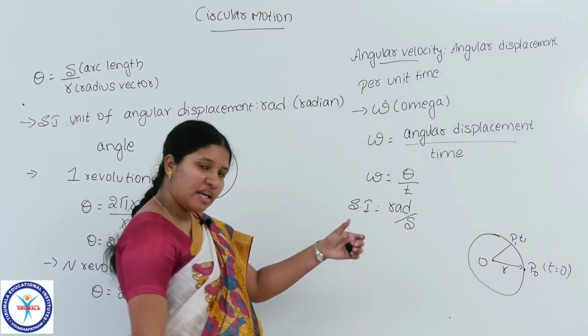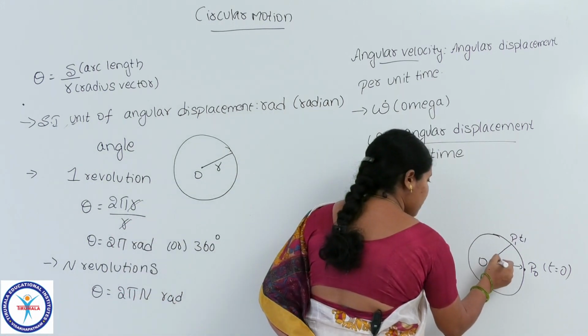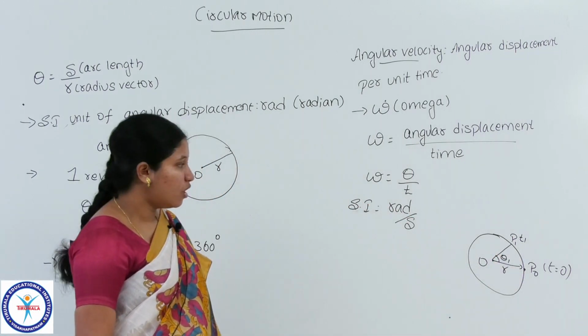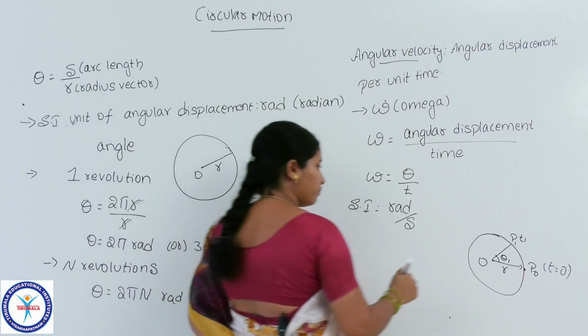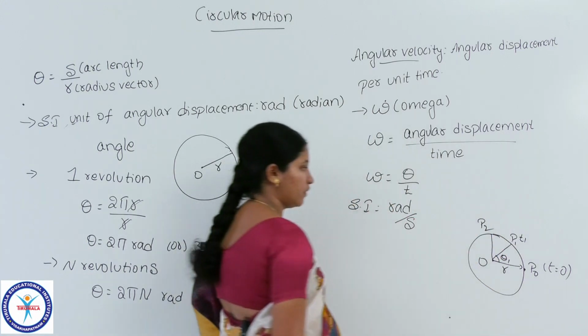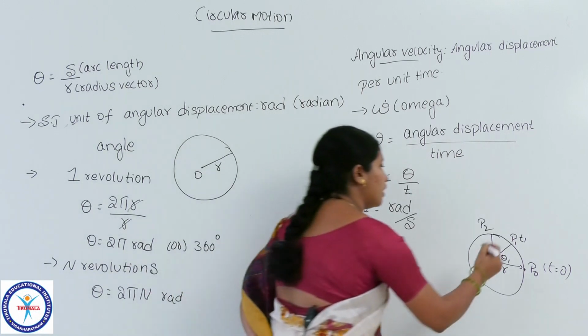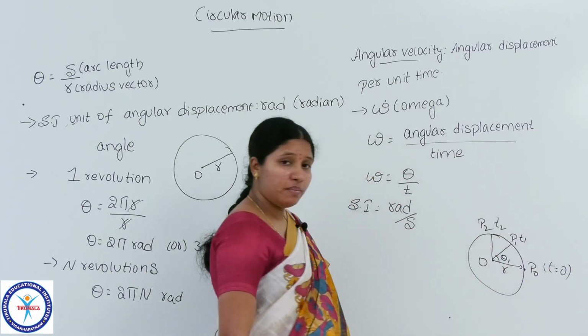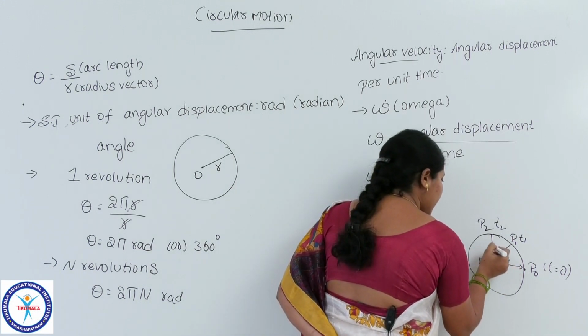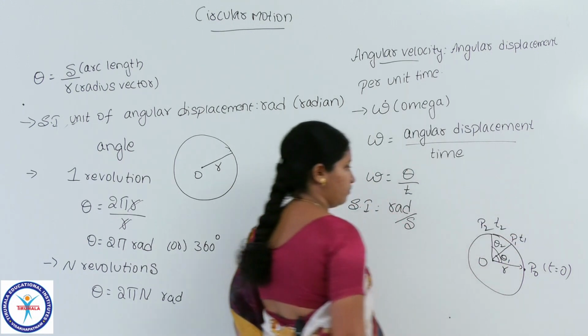So there will be an angular displacement described by the radius vector. Let this be theta 1. After time interval t2, the position of the particle is at P2, so there will be an angle described by the radius vector. Let that angle be theta 2.